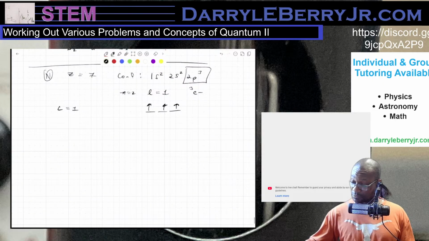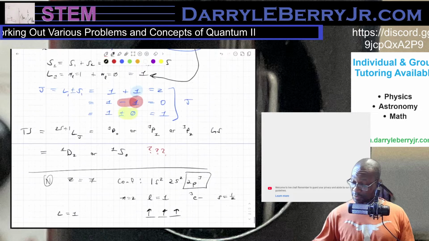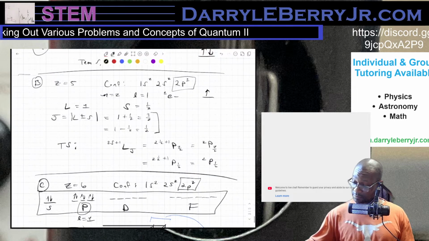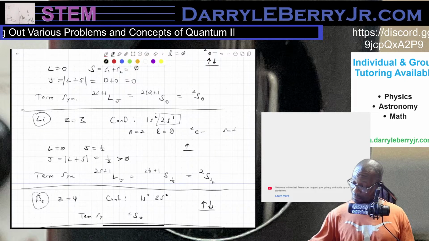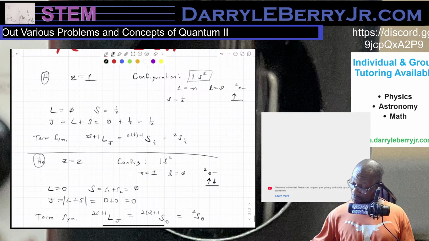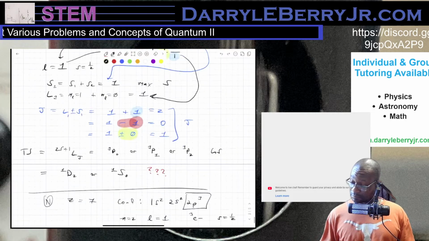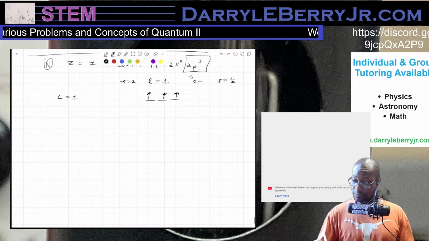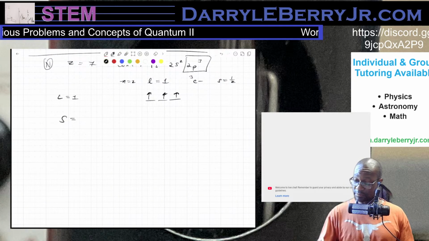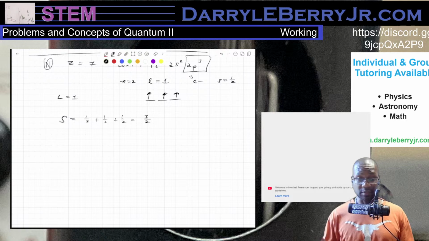And this is for each of them, the little s. Since all the spins are in the same direction, it's 1/2 plus 1/2 plus 1/2. So we have a big spin of 3 halves.